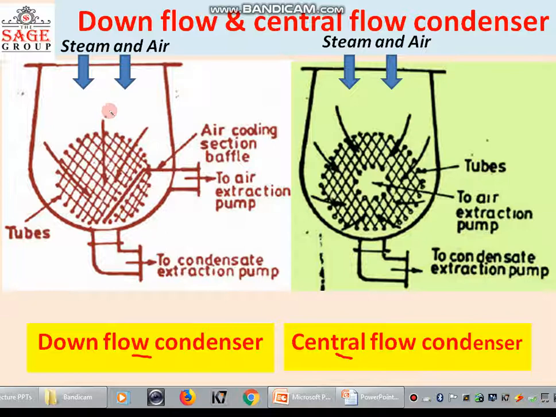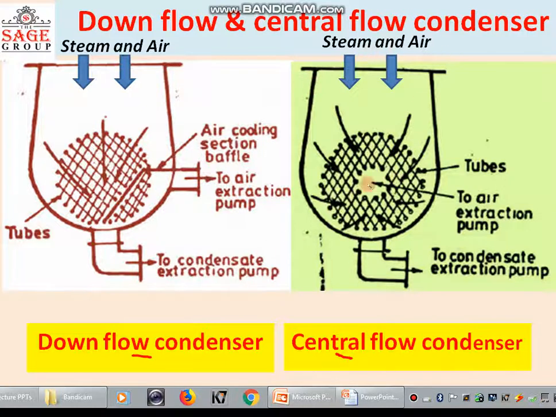So air will come here and pass over these tubes, because these tubes are carrying the cooling water. So the steam will be condensed, and we are using some baffles to deflect the air. So air will be taken with the help of the air extraction pump, and the condensate in the form of water will be taken with the help of a condensate extraction pump.